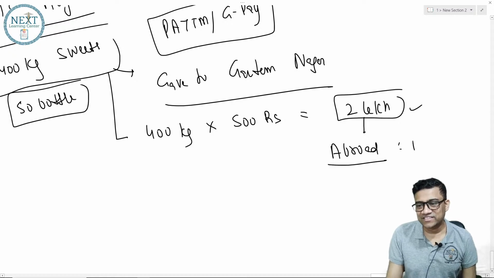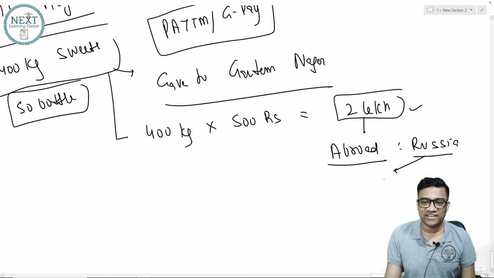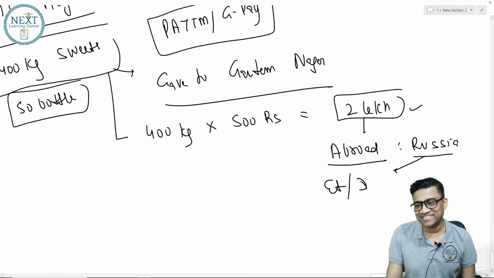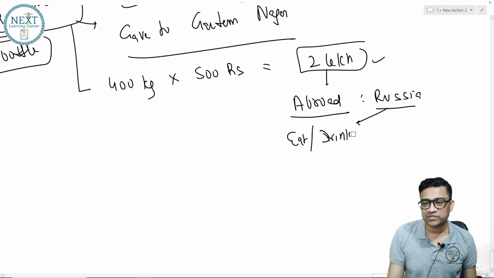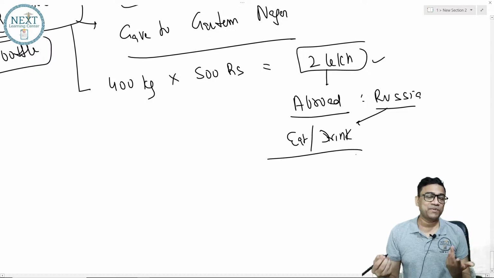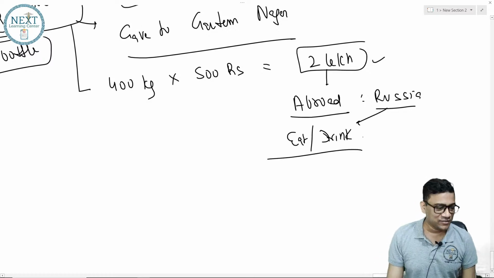Clear? Let's say Russia, and drink and eat there. Right? Maybe something else also. Okay, maybe go for some sightseeing tour, maybe some party, maybe beach. So that will be.